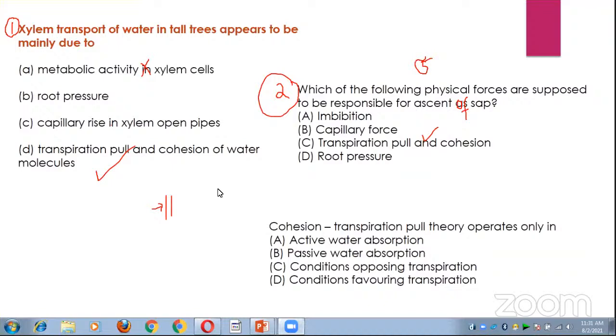Sap in a cell is the solutions within the cell. That's what we mean by sap. I hope you've understood it.